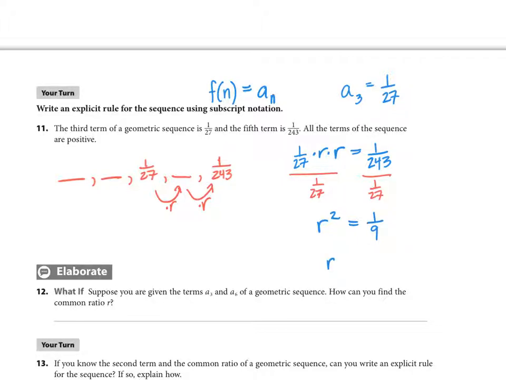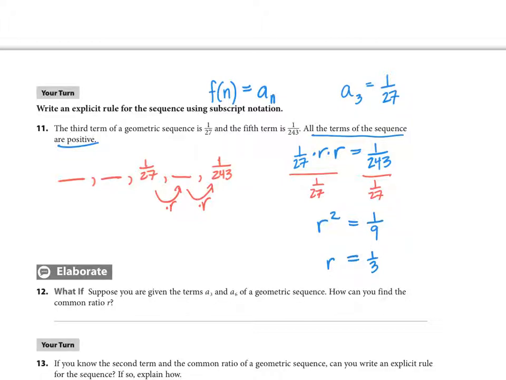And the way we get rid of the r squared and just have r is to do square root. And we get 1/3. Technically, if I was to solve this equation in general, it would be positive 1/3 or negative 1/3. But then it tells you that all terms in the sequence are positive. That means my common ratio will be positive.